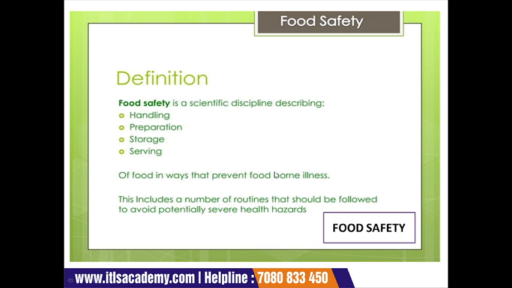Now we are going to discuss our topic, like what is the definition of food safety. If we discuss food safety, then first of all we have to know what this word means. See, food safety is not like we have to save food at a particular stage.